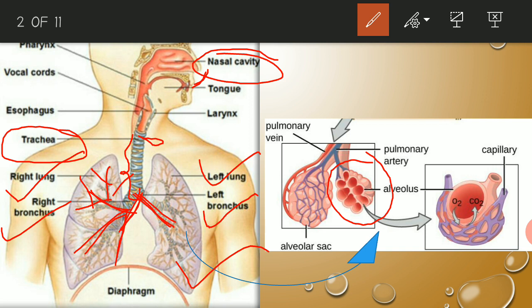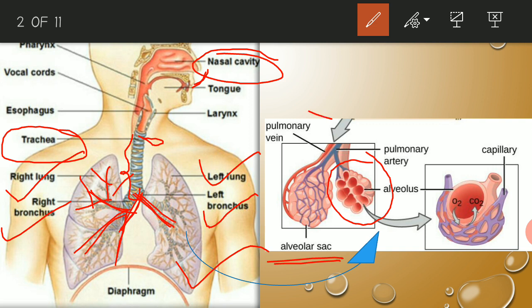This alveolar sac is very important for gaseous exchange, that means the exchange of oxygen and carbon dioxide between the lungs and the blood, because the alveolar sac is surrounded by blood capillaries.